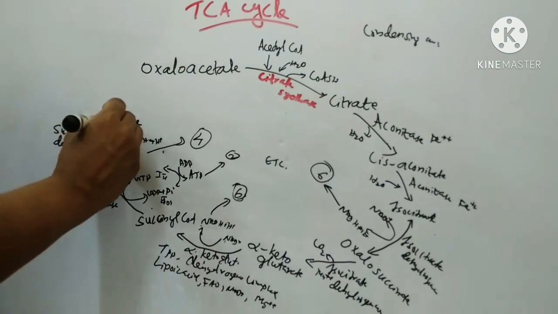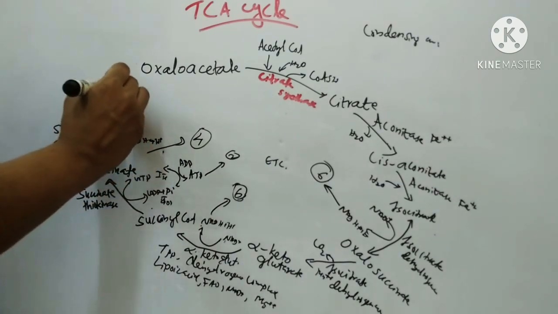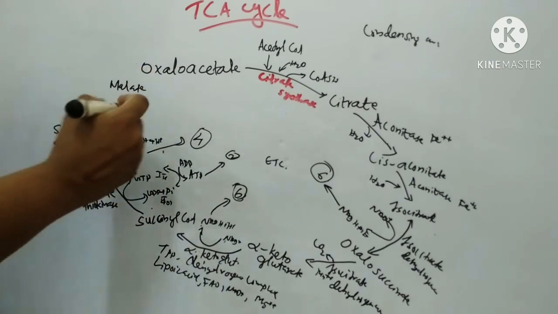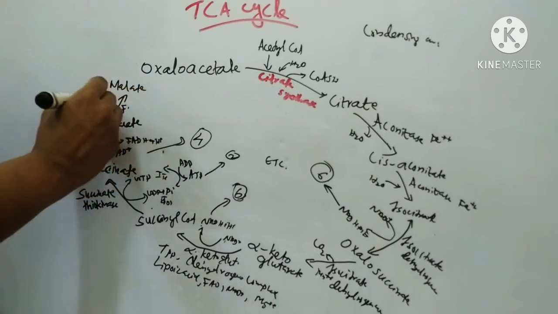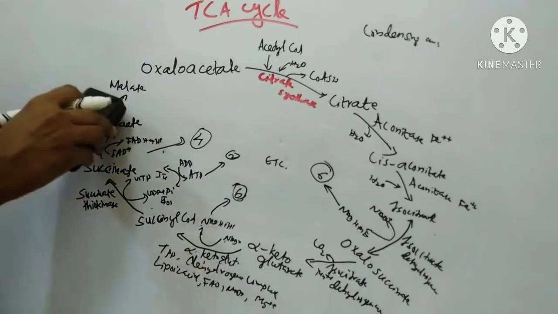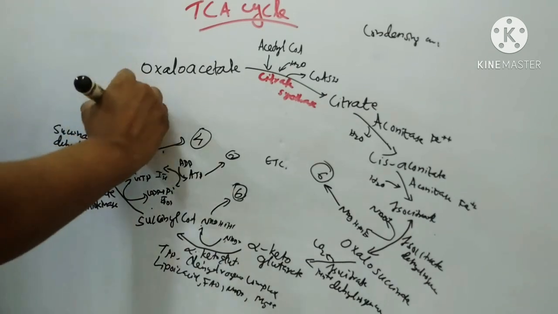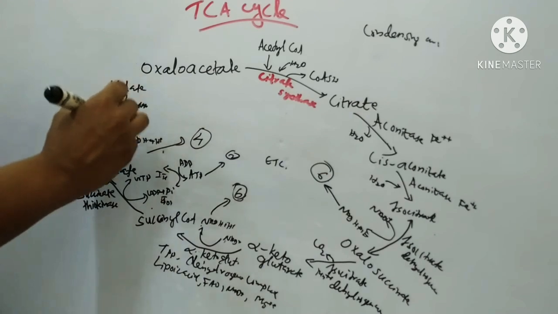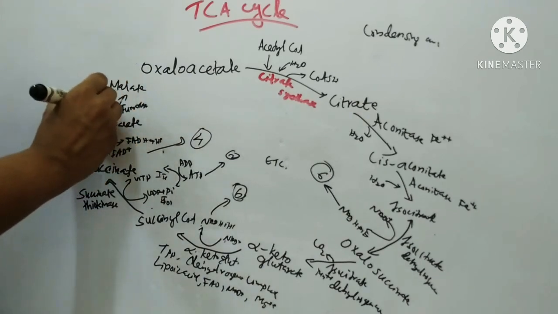Then fumarate is converted to malate by the enzyme fumarase. Here a water molecule is added.